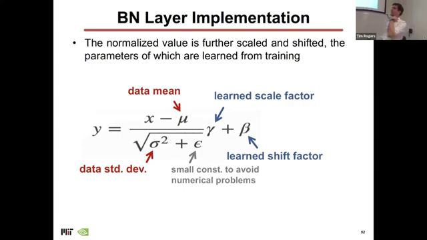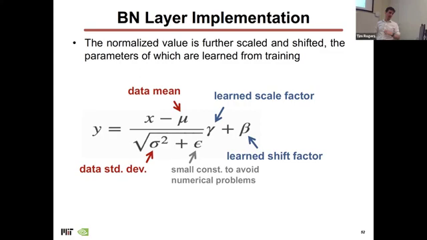Okay, the normalization layer applies some math. Basically, you're trying to scale and shift the value. There are hyperparameters in here on how much you want to scale and shift the value as you normalize. The math here is not super important. Usually, the batch normalization layers are pretty lightweight in terms of computation.